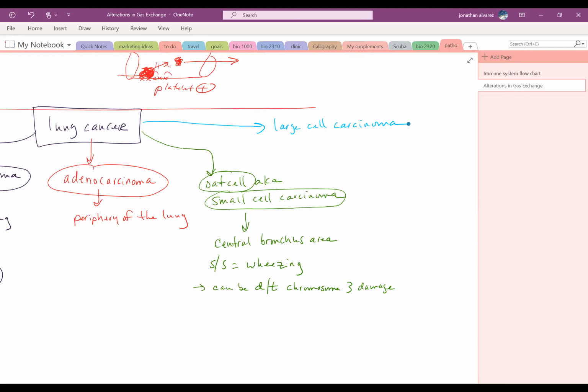So they call that Lewy bodies. Large cell carcinoma is named because the cells look large under a microscope. And this one also will develop in the lung periphery.